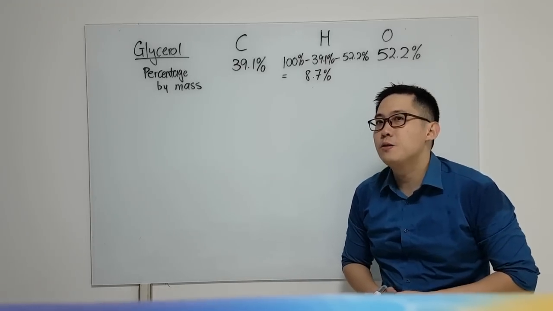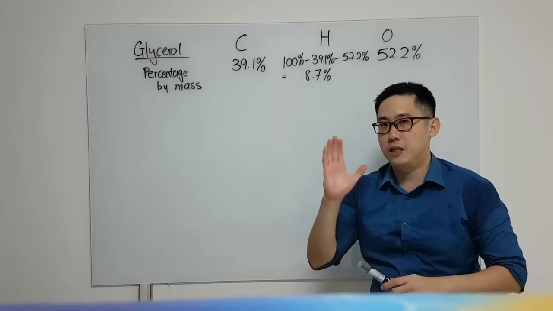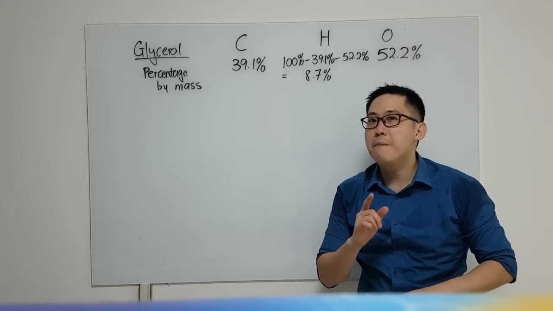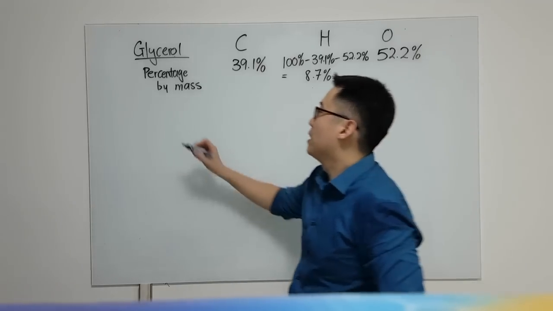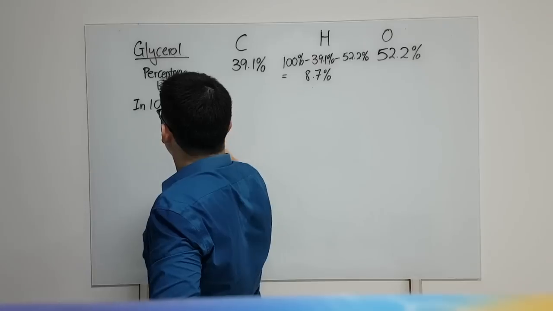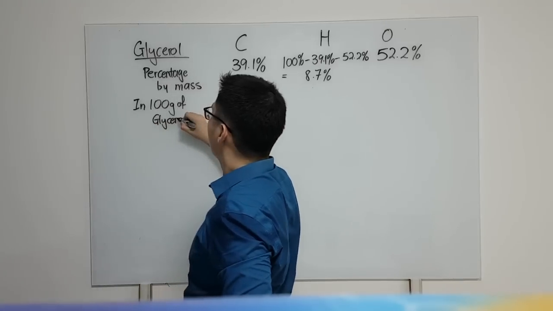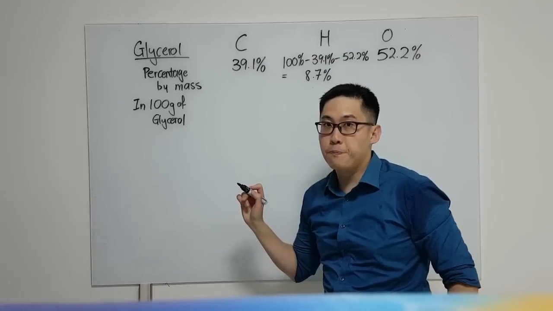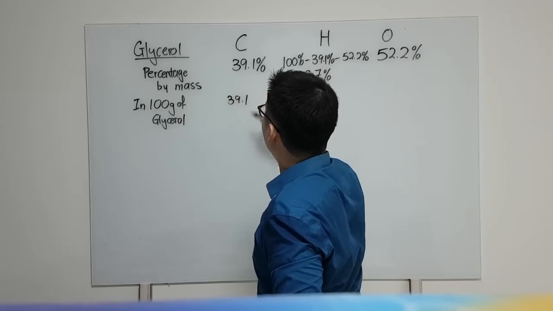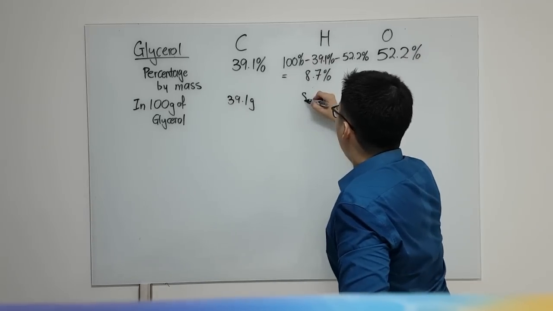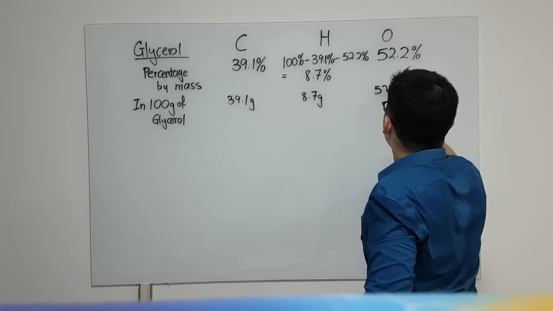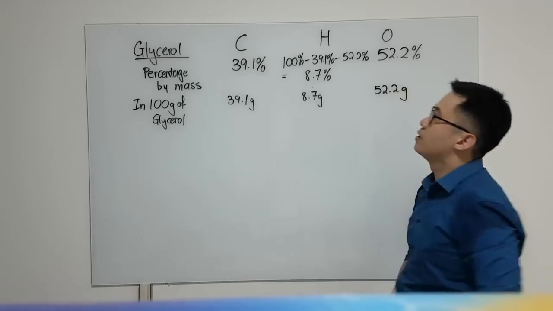Students, what this means to you is that in order for you to do calculation, I need to think of it this way. If they tell you that it is 39.1% by mass, this simply means that in 100 grams of glycerol, what I have is actually 39.1 grams of carbon, 8.7 grams of hydrogen, and 52.2 grams of oxygen.